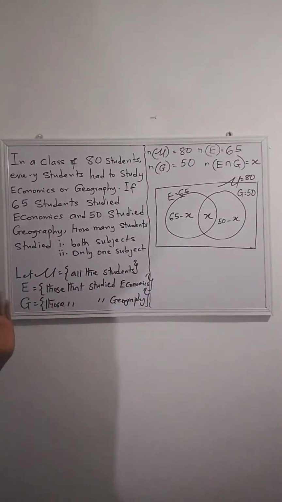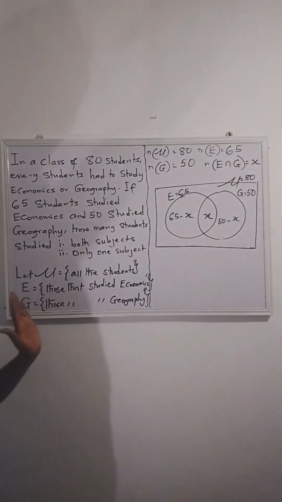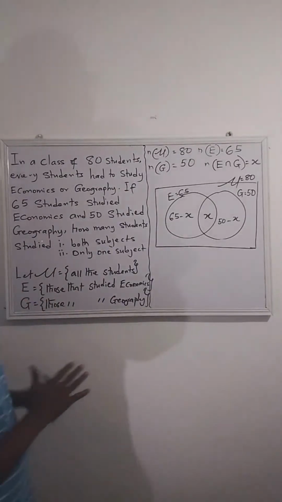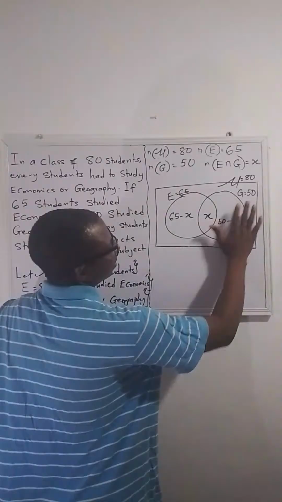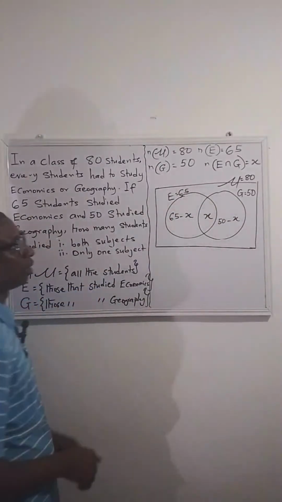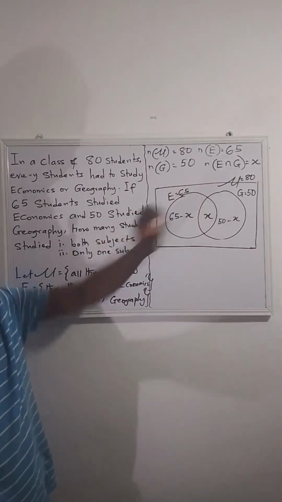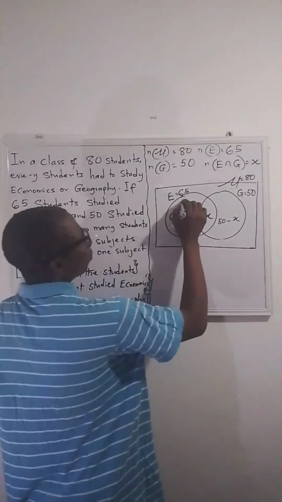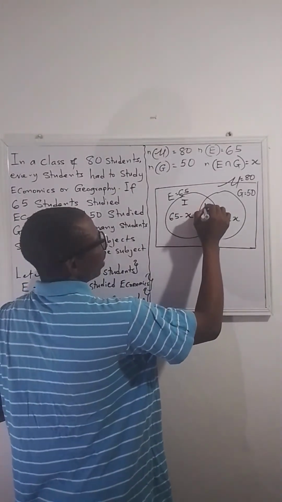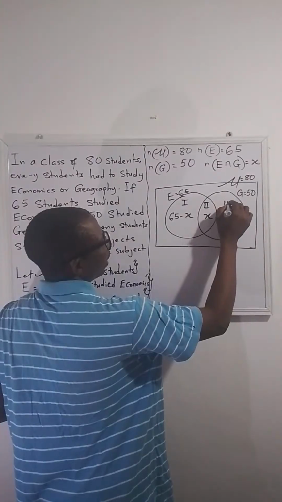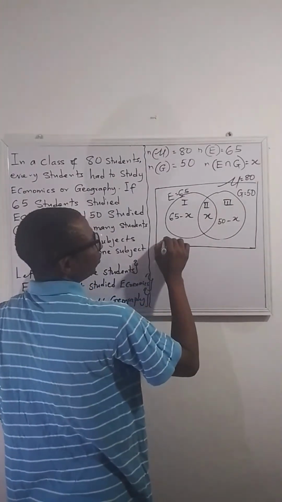Good. So now we are good to go. Let us look at the parts that we have inside this set here. We have the first part, the second part, the third part, and the fourth part.